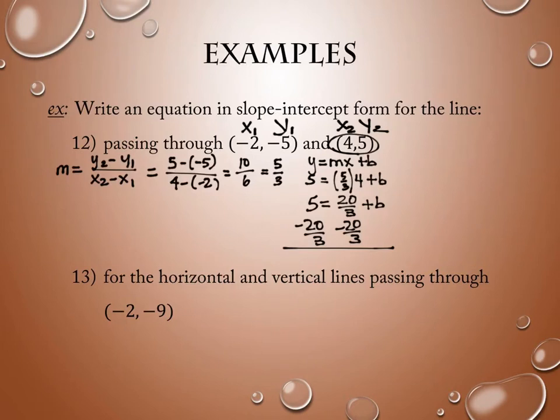Okay, so the 5, if I write it as needing a denominator of 3, what would I have to be multiplying it by? Like it would be 3 over 3. What would I get? 15 thirds minus the 20 thirds that are there, right? What's 15 thirds minus 20 thirds? That would be negative 5 thirds. So my b value is actually negative 5 thirds.